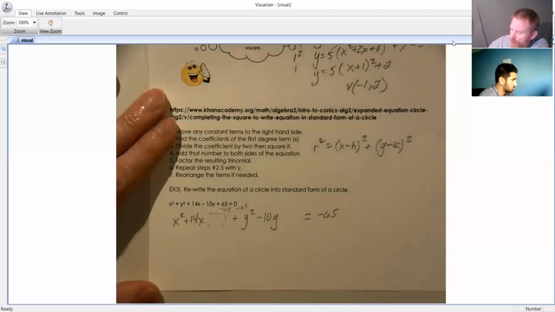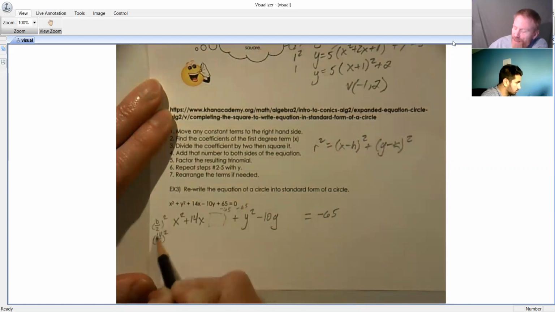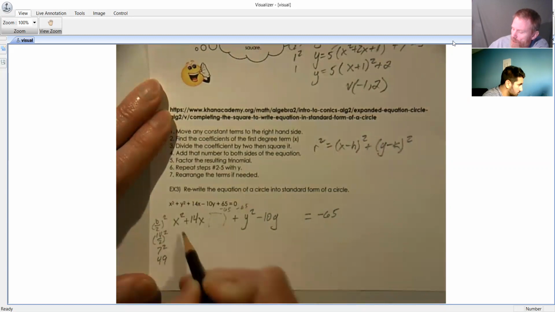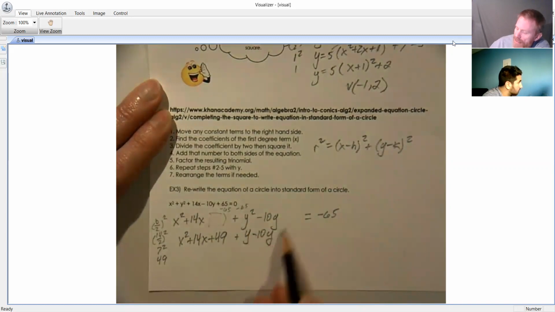So our b term divided by 2 and squared is going to be 14 squared, or 14 divided by 2 squared, which is 7 squared, which is 49. So x squared plus 14x plus 49. And we have our y minus 10y. We have to figure out what its c value is going to be.